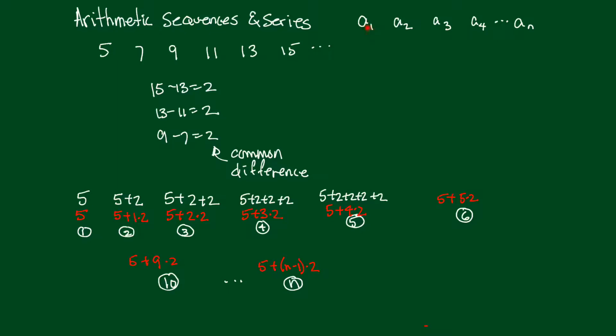So this is the first term, the second term, the third term, and these each differ by some number. Let's call it D. So right here, A2 minus A1 would be D, for the common difference. I'll use a D for difference. And then what about here? What do you know about A3 minus A2? Well, that's going to be D.